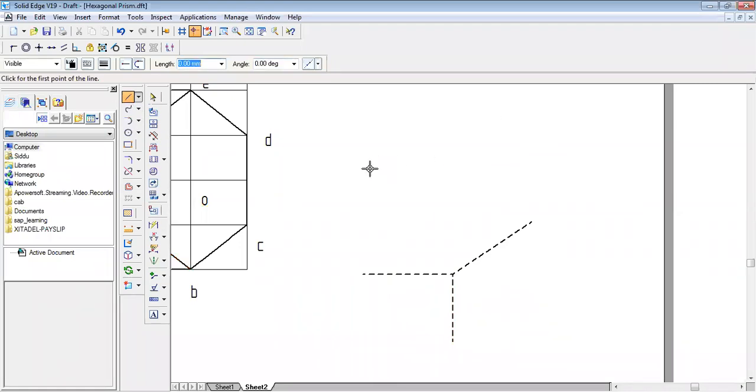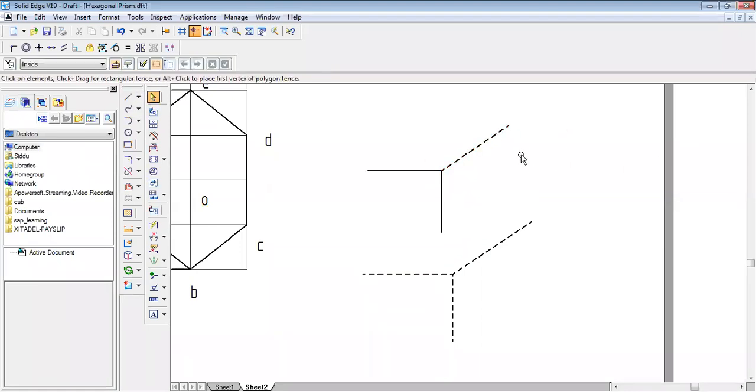But this may not be correct for this. For example, this is possible. The first one is also possible. The second one is also possible.